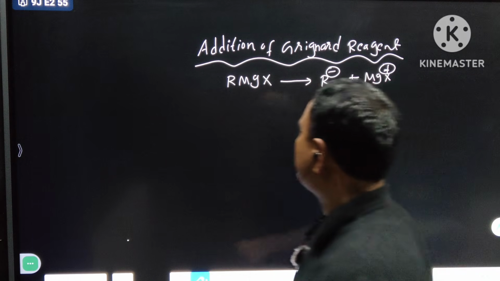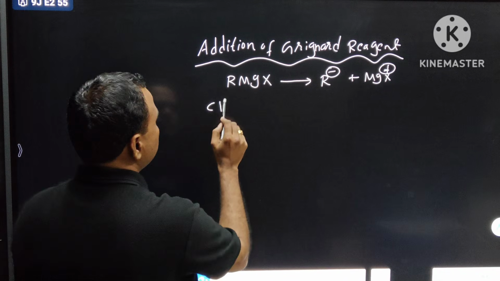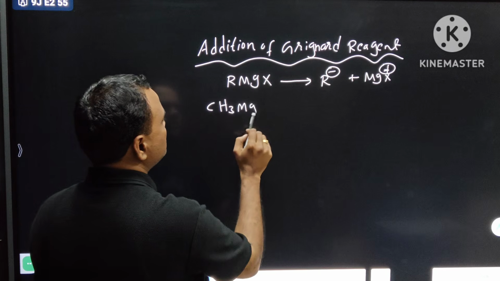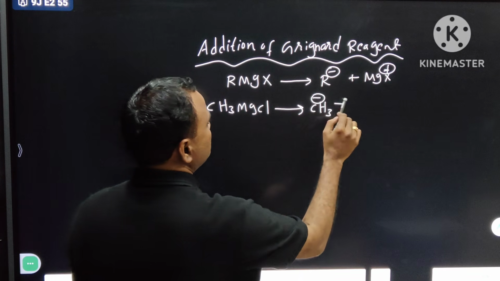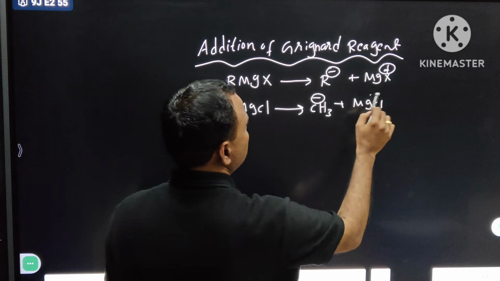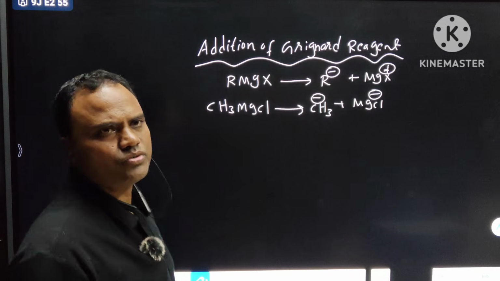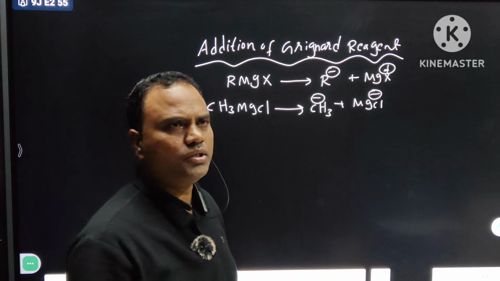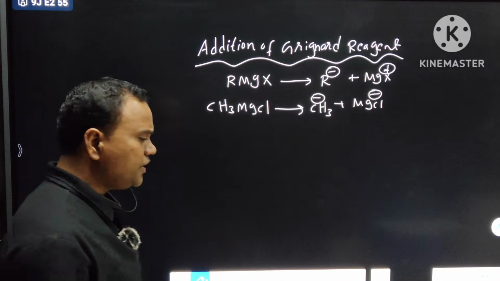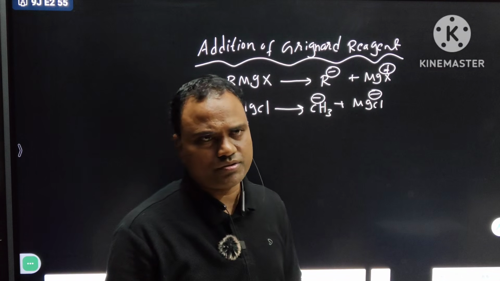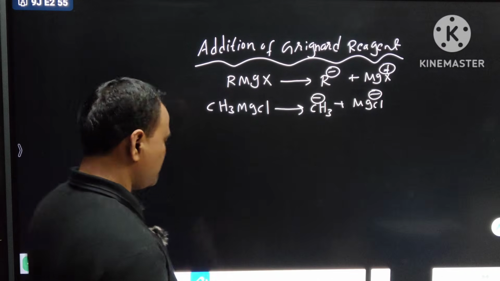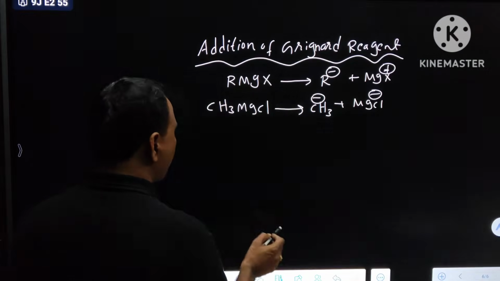Let us see one example of Grignard reagent. CH3MgCl. CH3 negative plus MgCl positive. This is dissociation of Grignard reagent. Okay. We did addition of Grignard reagent to carbonyl in the alcohol preparations, right? Look at this.